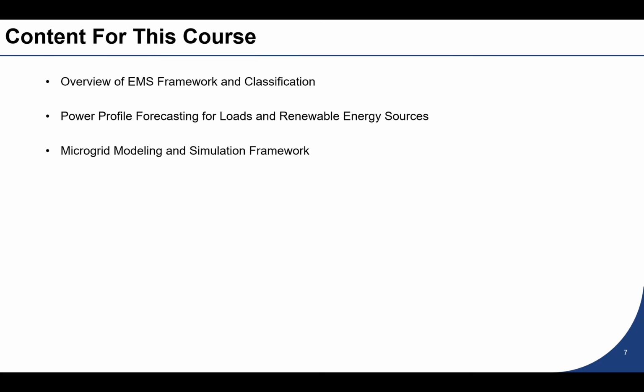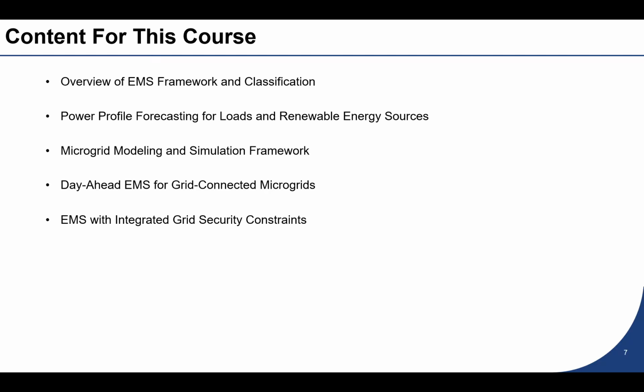Then, we will build the foundation for the rest of the course by introducing the microgrid modeling and simulation framework, including component models and DAE-based dynamic simulation. The fourth part focuses on day-ahead EMS design for grid-connected microgrids, where economic scheduling and market interactions become important.